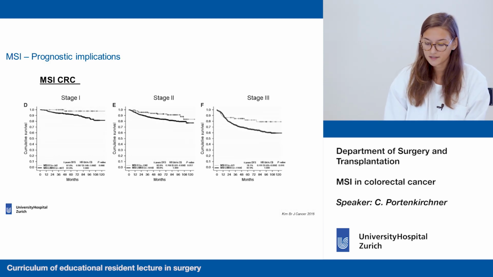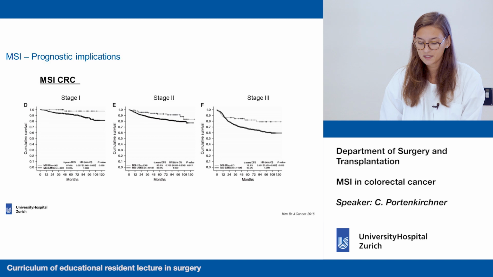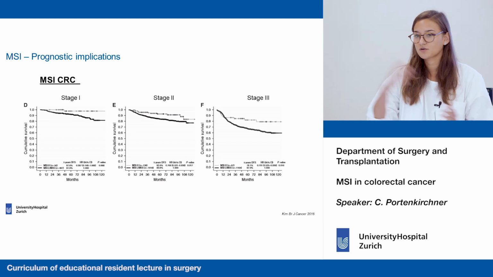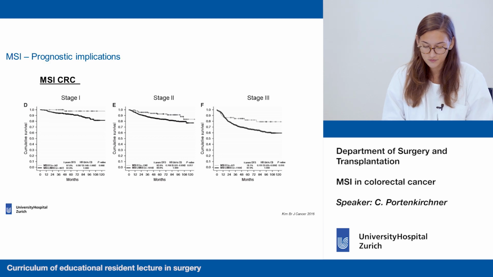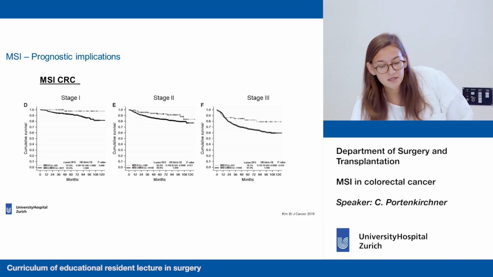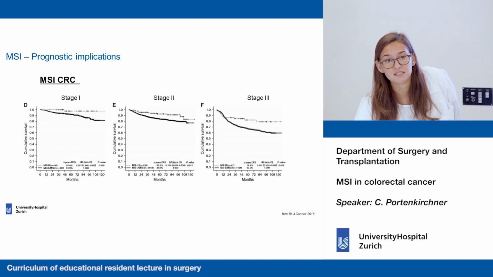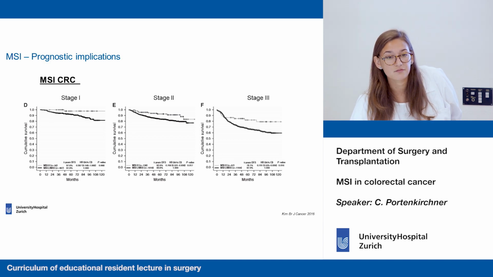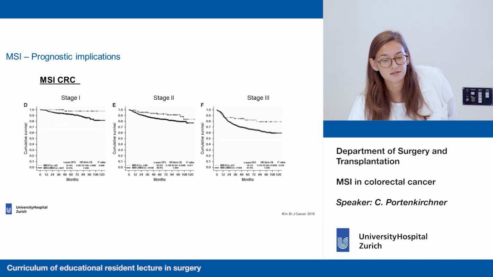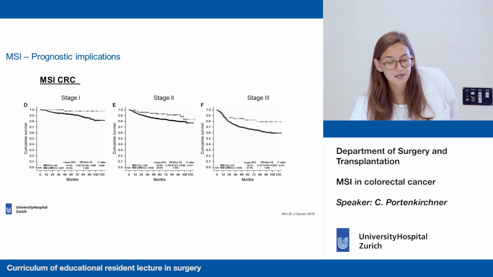This is a big study from South Korea. They evaluated nearly 3,000 patients, and it is consistent with other findings in the literature. On the X-axis we have the months, and on the Y-axis the cumulative survival. The lighter line is the microsatellite instability colorectal cancer, and the black one is the sporadic colorectal cancer.